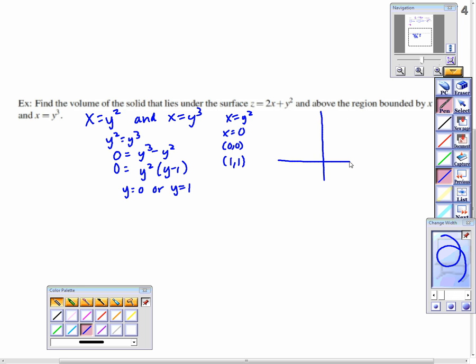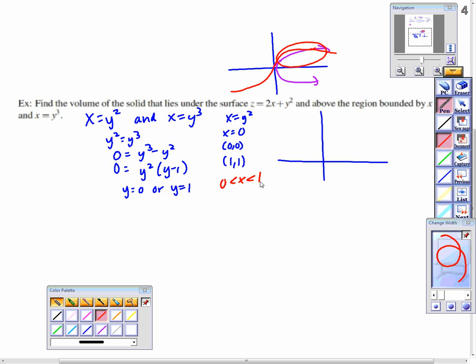Okay, let me just do this real quick. I'm graphing this, and I'm not sure what's going on here, so I'm just going to graph it here. Between 0 and 1, which one's bigger, y squared or y cubed? Y squared, because it's a fraction, right? And for values bigger than 1, which one's bigger? Y cubed.